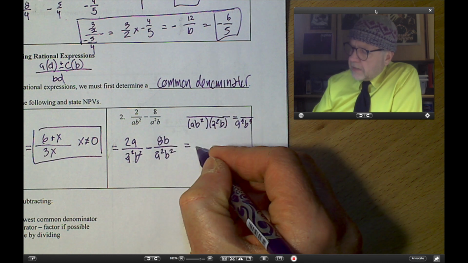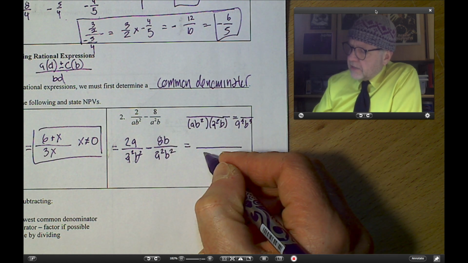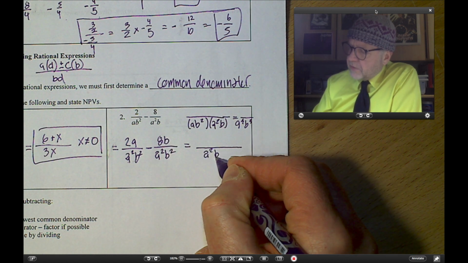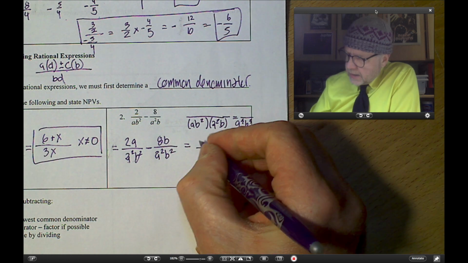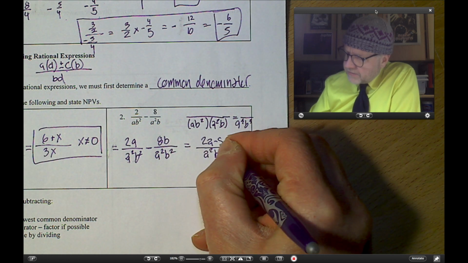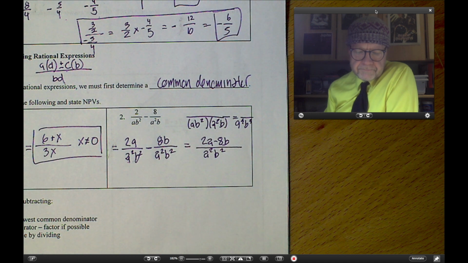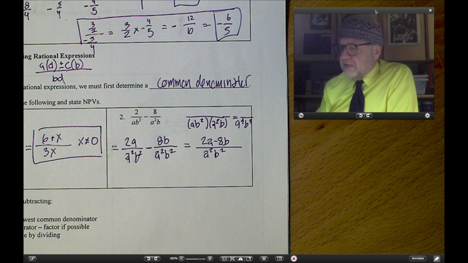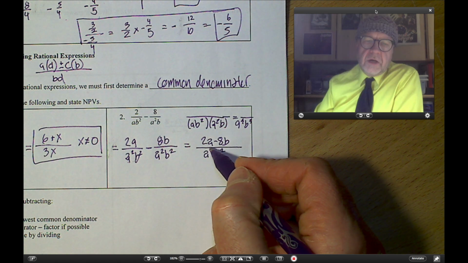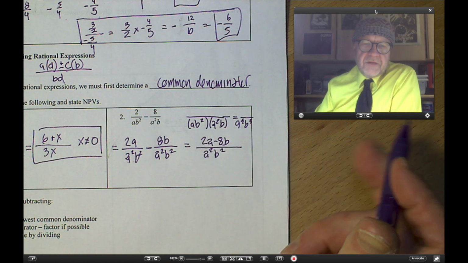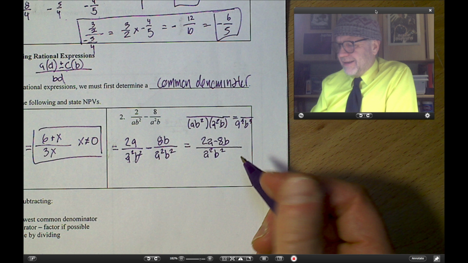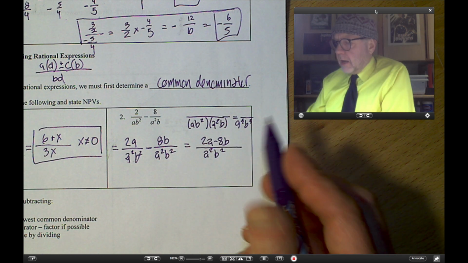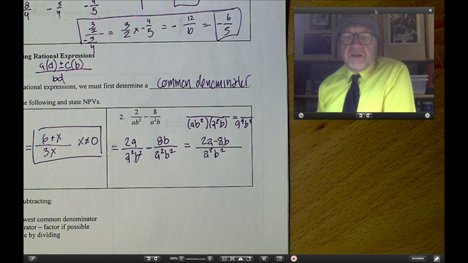We know we're going to have a big, long fraction that's going to be under a squared b squared. That's our common denominator. And 2a minus 8b, just like that. And we are pretty much done. I mean, you could factor out the 2 if you want: 2 bracket a minus 4b. I think we're going to leave it like that for now. This is your finished expression.